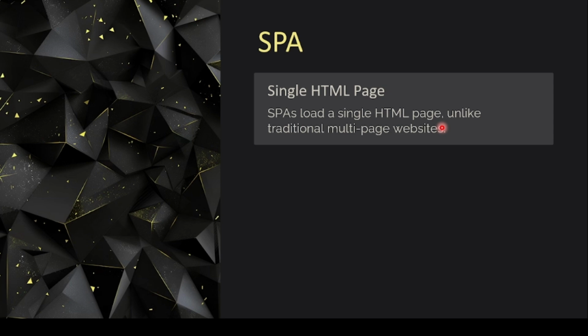But if you don't see that page refresh symbol or the loading symbol, it means that it is a single page application. Means that only the required content is being rendered. Whatever the menu or whatever the link you are clicking upon, only that particular content is being rendered and the rest of the part remains as such.